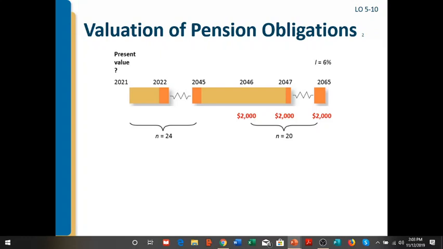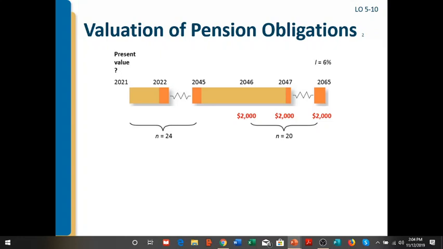So again, you go to your tables. This is present value of an annuity, ordinary annuity.